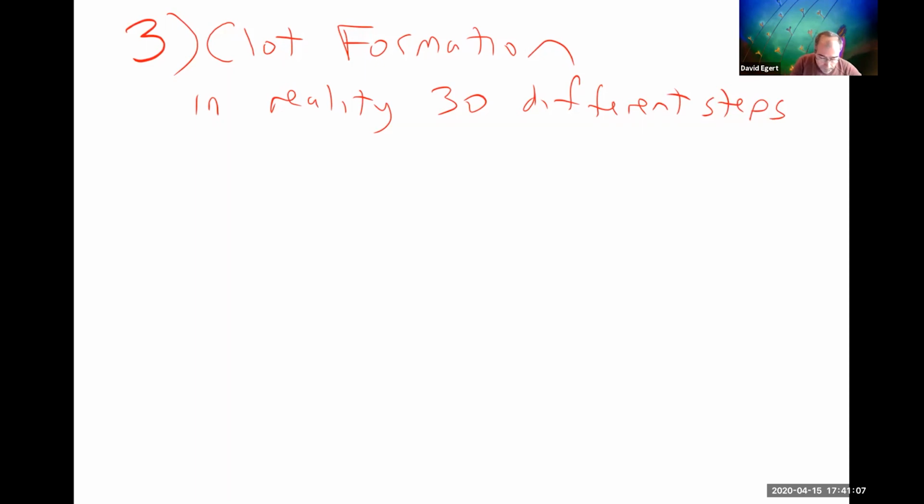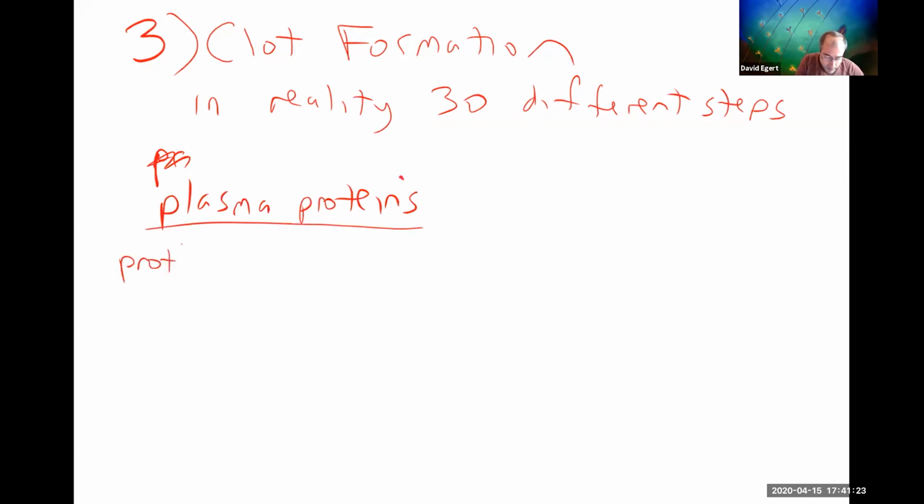There are plasma proteins that you are going to need for this. One is prothrombin. One is called fibrinogen. These are just in the plasma.